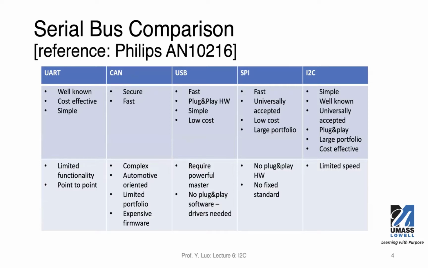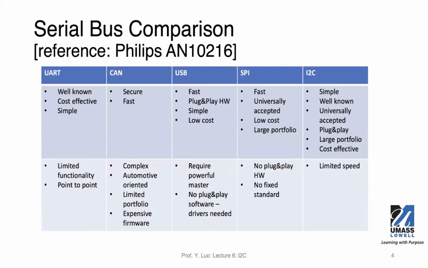There are several serial bus standards or protocols. UART was the one we talked about earlier, and SPI and I2C are also popular protocols, especially in modern embedded system design. There are CAN devices, controller area network, and also USB.